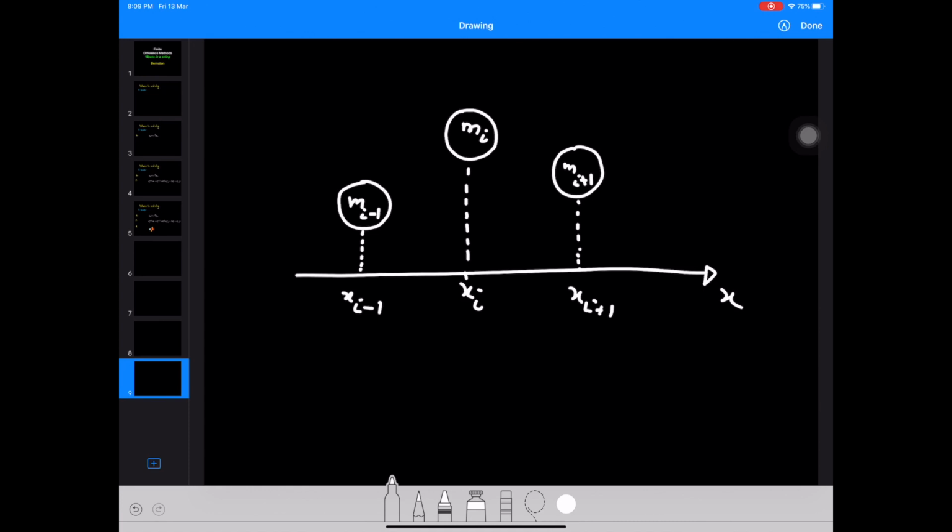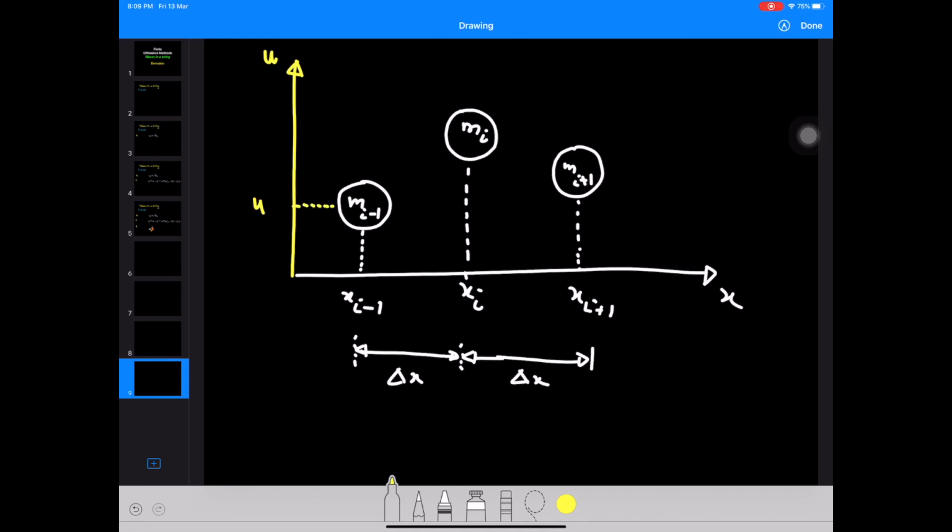Now we will assume that the distance between each 2 point masses is fixed and is equal to delta x. The vertical displacement, we mean, for mi minus 1 we have ui minus 1, and for the point mass mi we have ui, and for the point mass mi plus 1 we have ui plus 1.